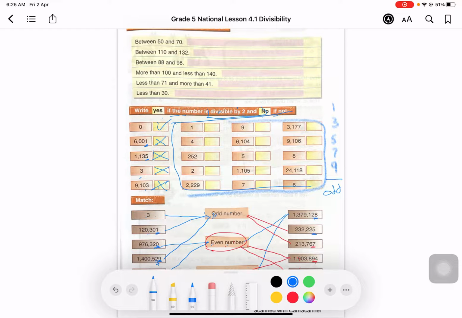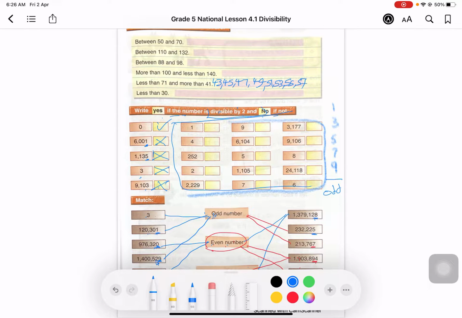Now, what did we say here? I will start from here. 43, 45, 47, 49. I will skip the even number because they are looking for the odd number. It is 49, it is 51, 53, 55, 57.